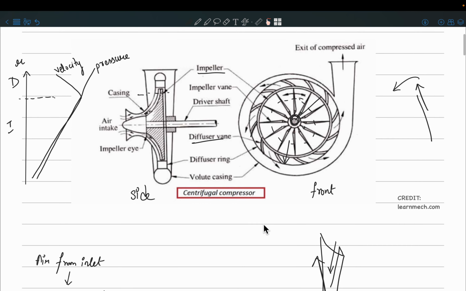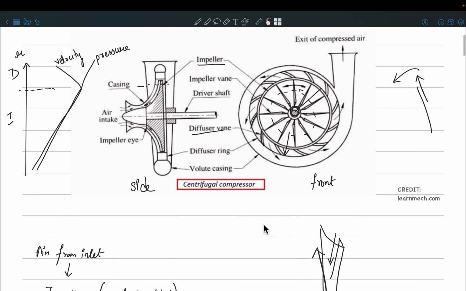What is the function of the inducer? That is what I was trying to explain. You are supposed to take the air in the axial direction, and then it is supposed to move in the radial direction.